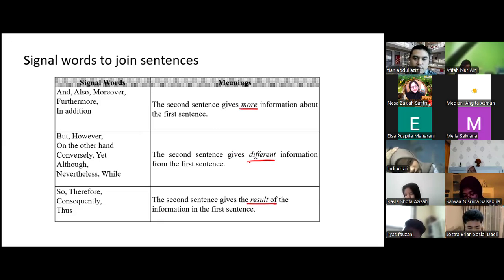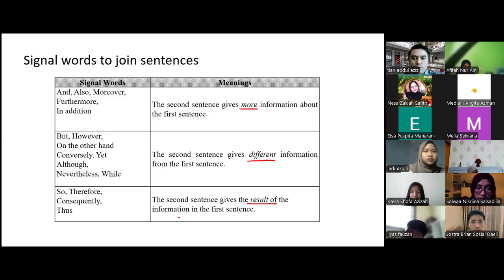For the second, the second sentence gives different information, and for the last row, the second sentence gives the result of the information. So you have to recognize the second sentence's interpretation, whether it is adding information, presenting different information, or the result of the information in the first sentence.